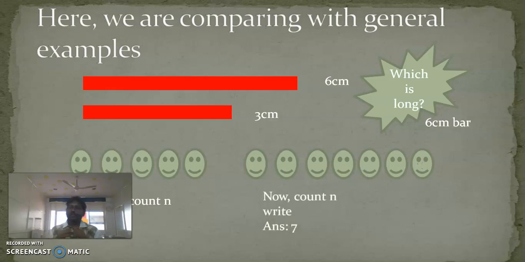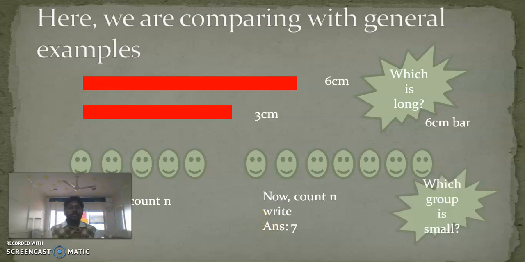Now how many? There are 7 faces. See, 5 and 7 are two numbers. Now we can easily compare with the help of maths.